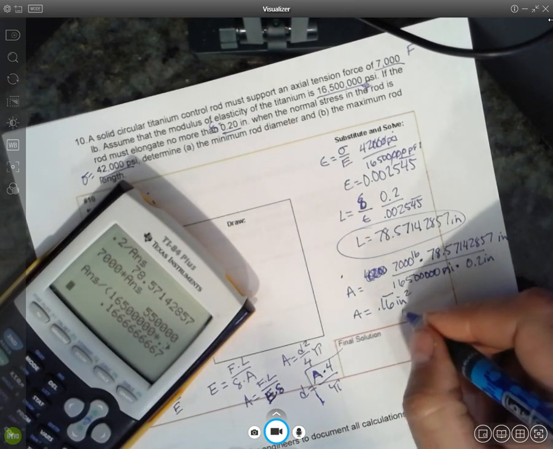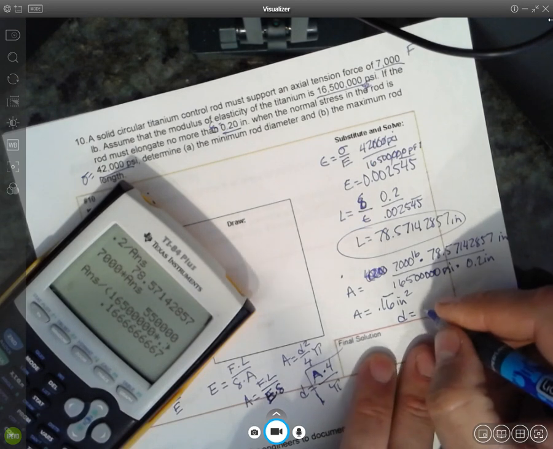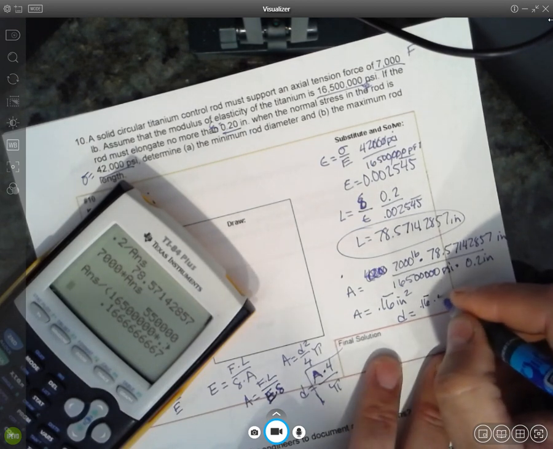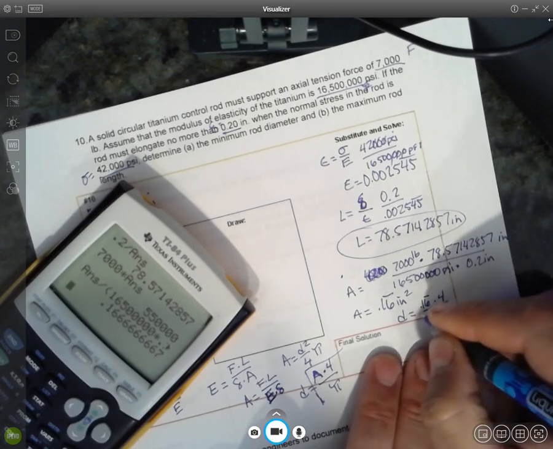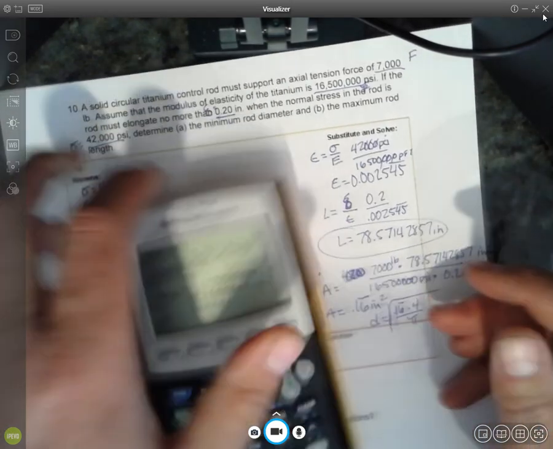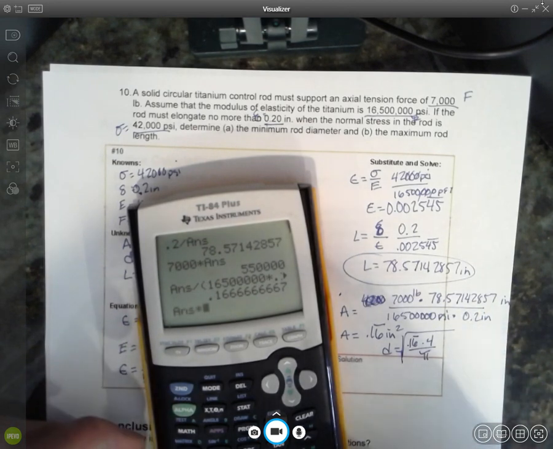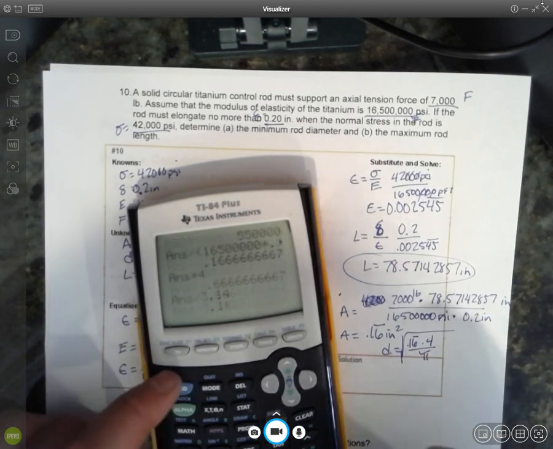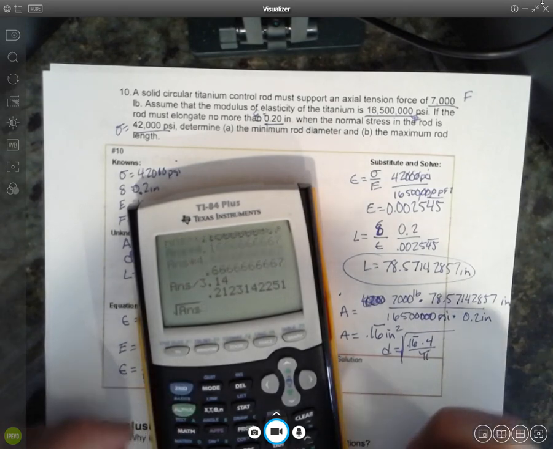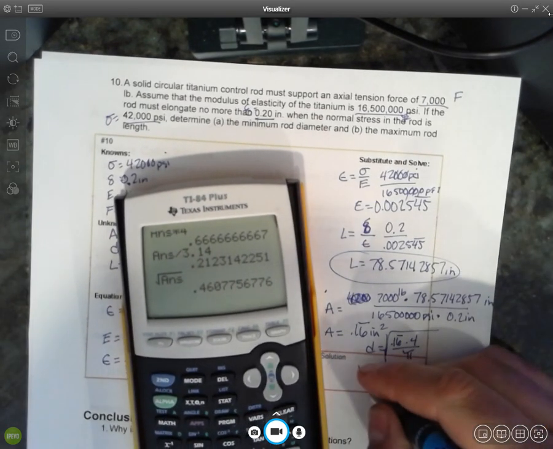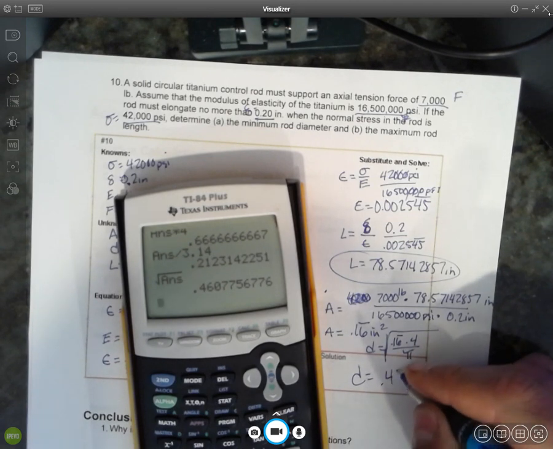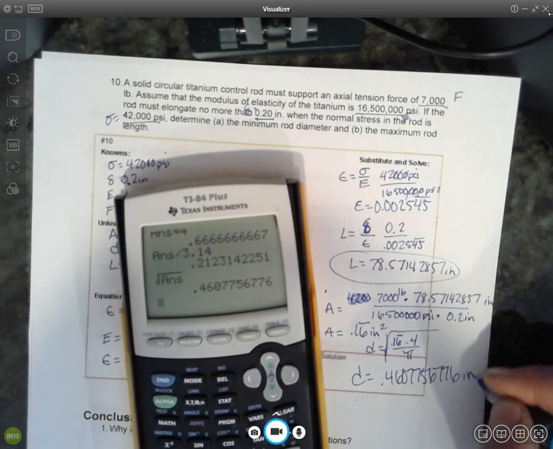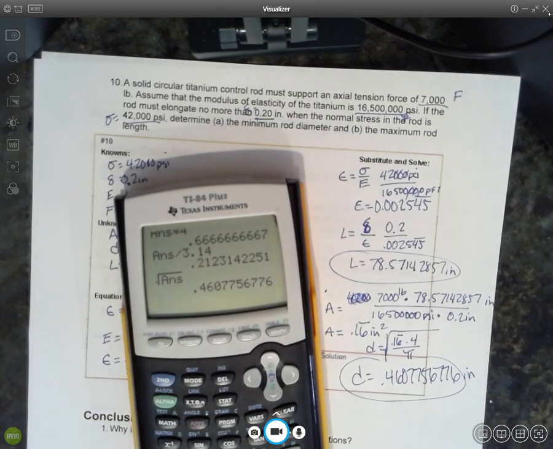So diameter equals 0.16 repeating times 4 divided by pi, square root. So times 4 divided by 3.14, and take the square root of that. So it tells me the diameter would have to be 0.4607756776 inches. There you go.